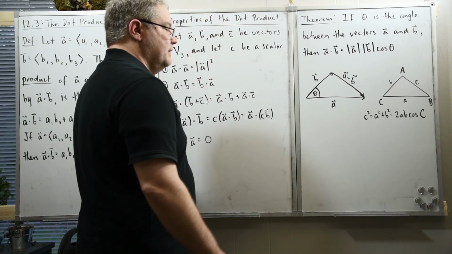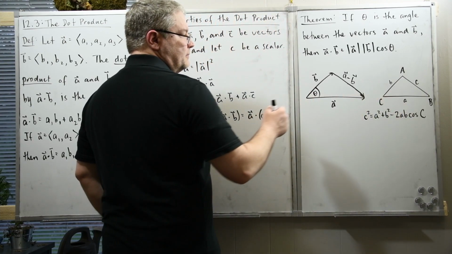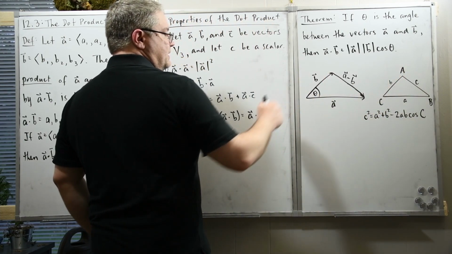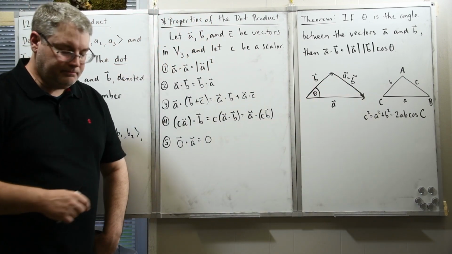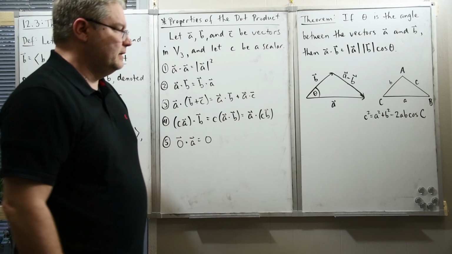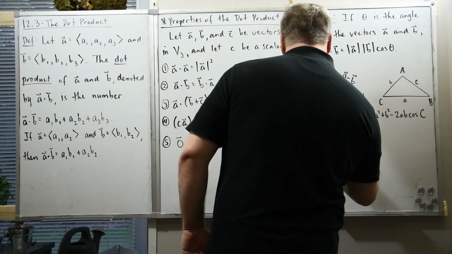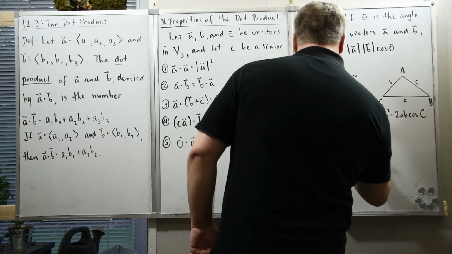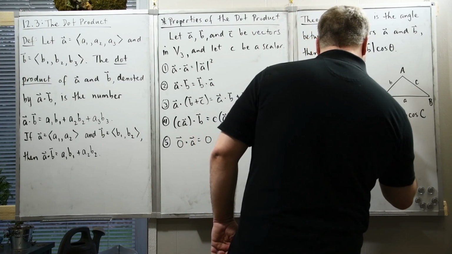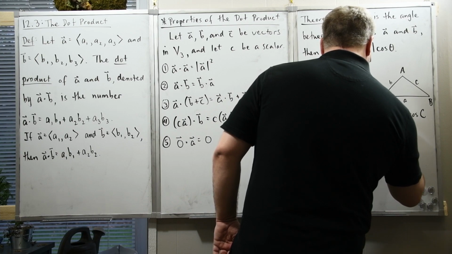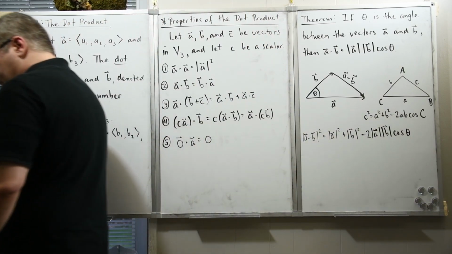But we also have that little a would correspond to the magnitude of A here, little b would correspond to the magnitude of B here, and little c would correspond to the magnitude of A minus B. And so if we think about that, we'll notice that we get the square of the magnitude of A minus B is equal to the square of the magnitude of A plus the square of the magnitude of B minus 2 magnitude of A, magnitude of B, times cosine theta.